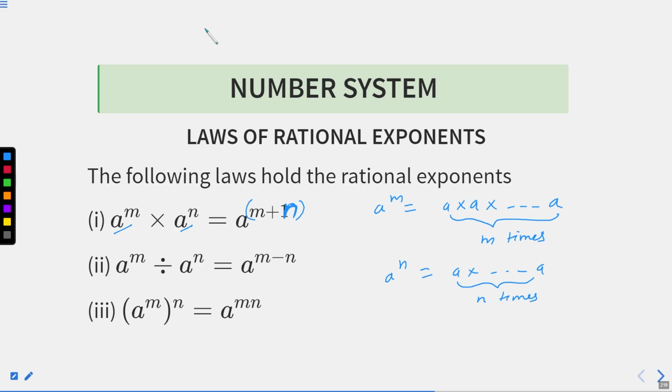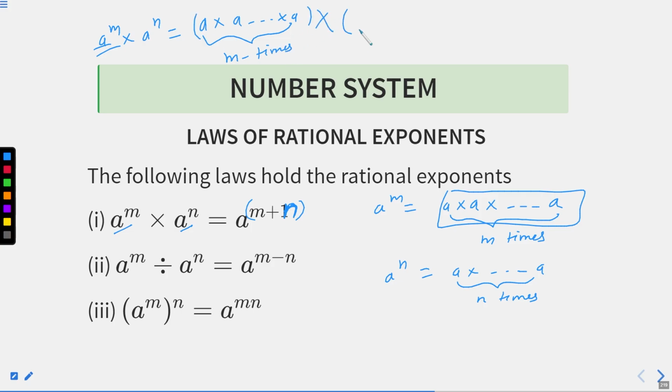If both are multiplied, a^m can be rewritten as a times a till a, m times, and it is multiplied with a times a, n times. If I remove the brackets, I can see the m times a are here and the n times a are here. So the total number of a's multiplying itself is m plus n. So a is multiplied m plus n times. This is your first property.